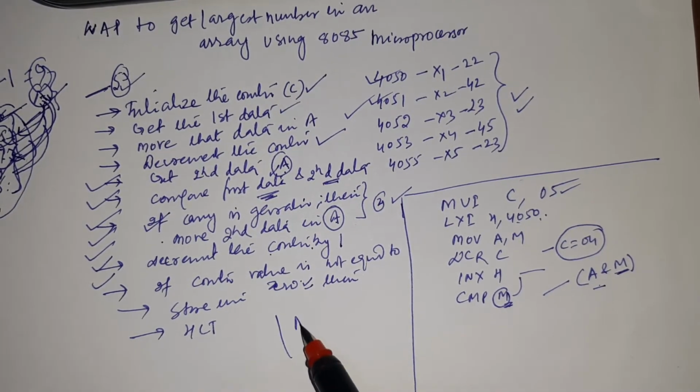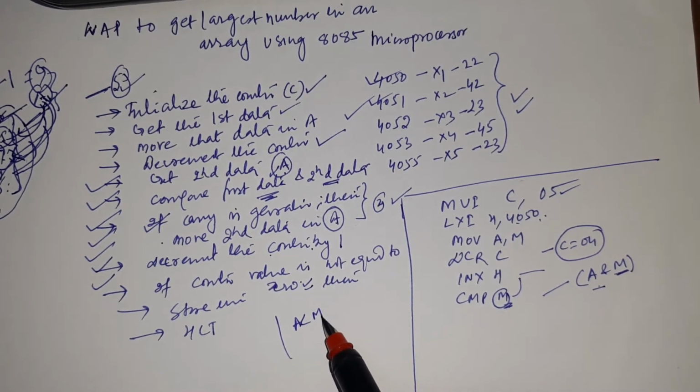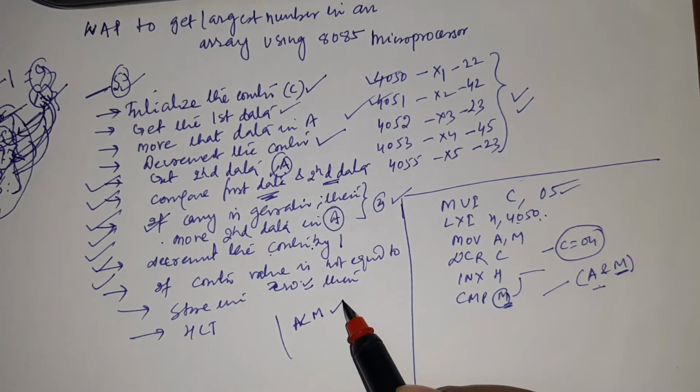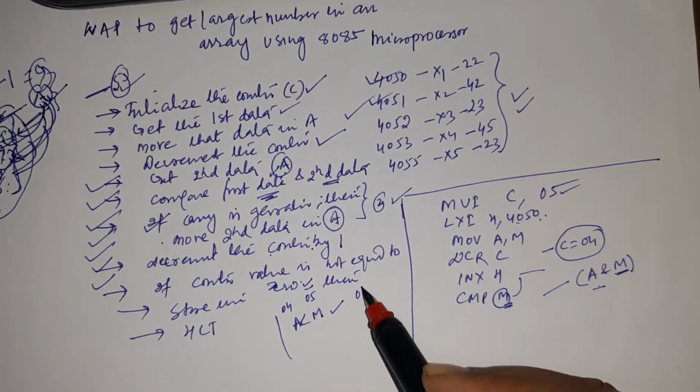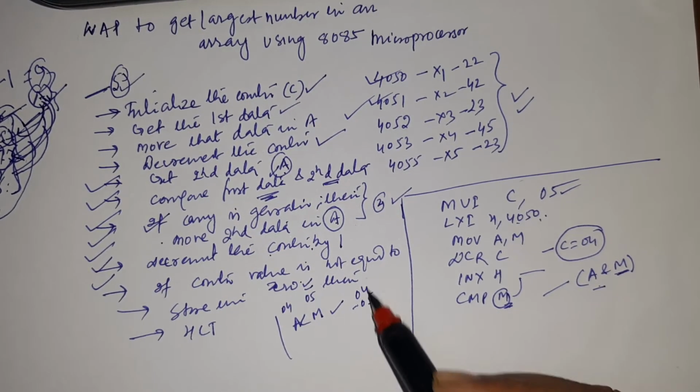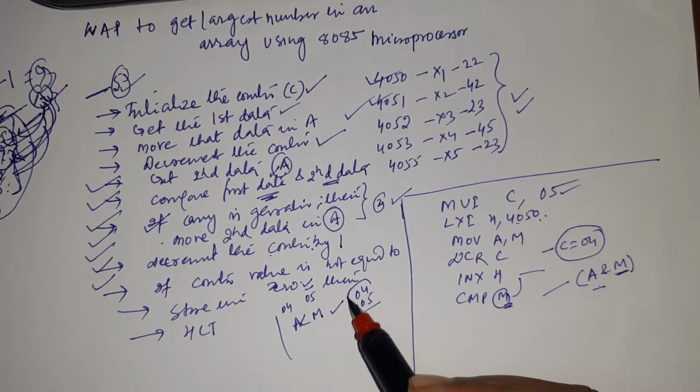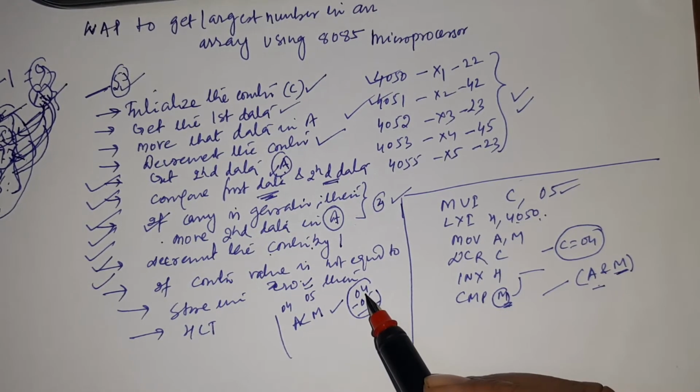If A is less than M, carry will be generated, because suppose this is 04 and 05, when you subtract 05 from 04, definitely this will not happen, then you have to take a carry.